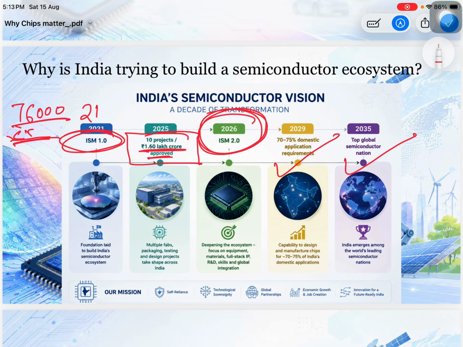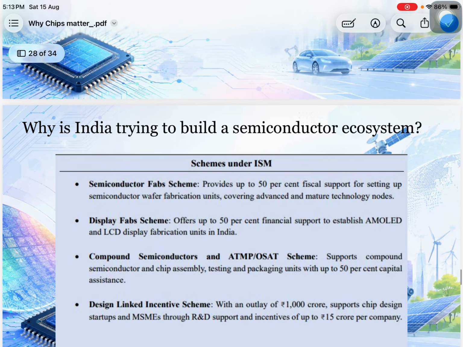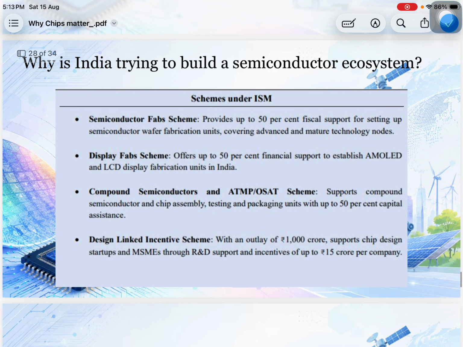And yeah, moving forward, these are the projections, and these are the schemes under ISM.